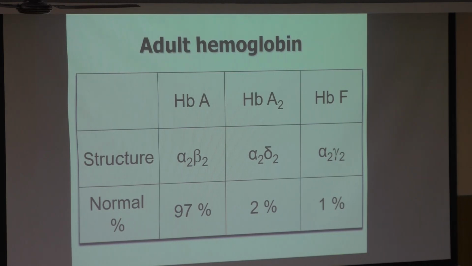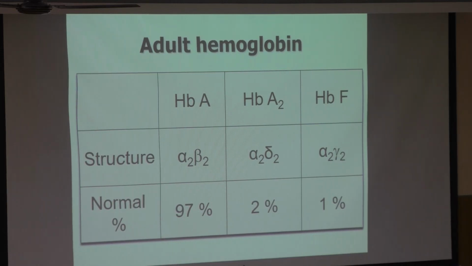If you divide it into heme and globin, globin is the protein part, and heme is considered a prosthetic group. A prosthetic group is a non-protein part, as in enzymes also. So here heme is the non-protein part and globin is the protein part.